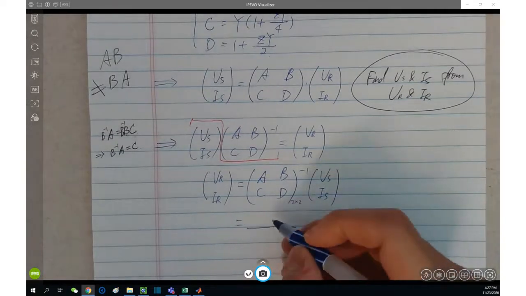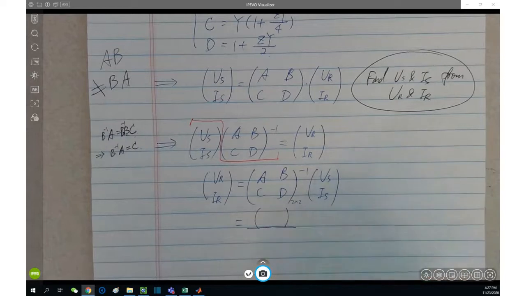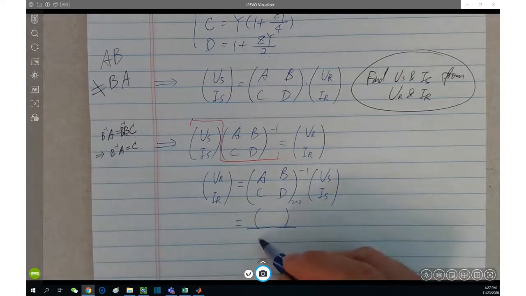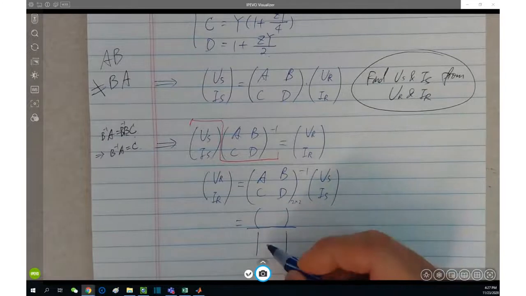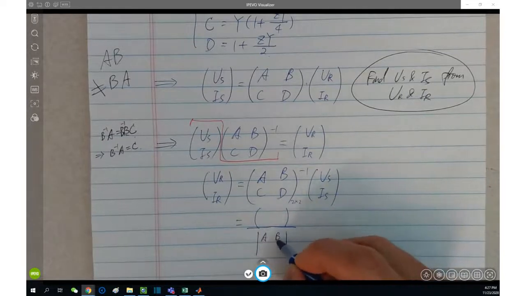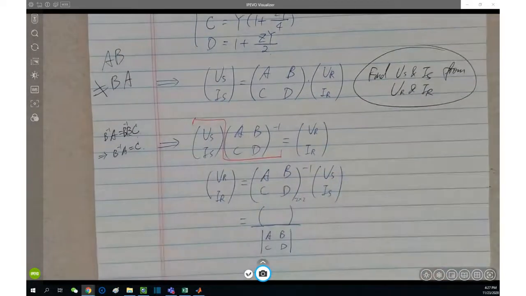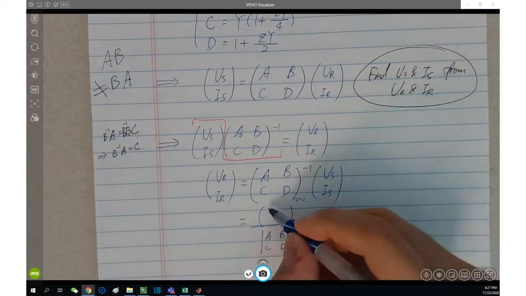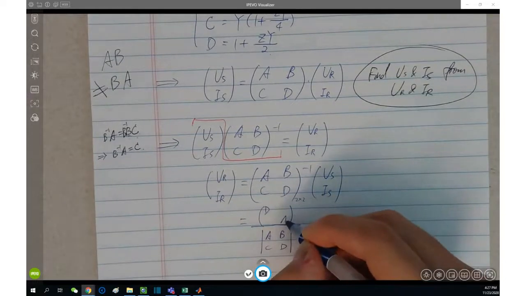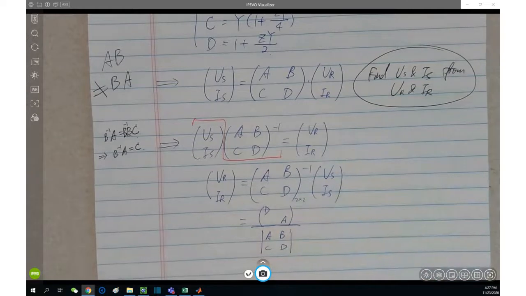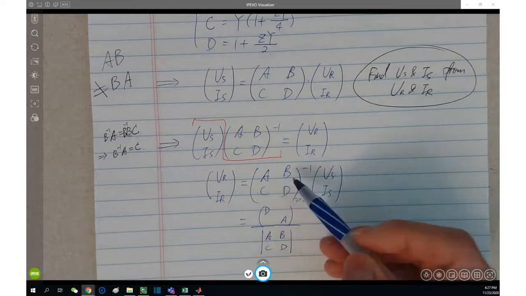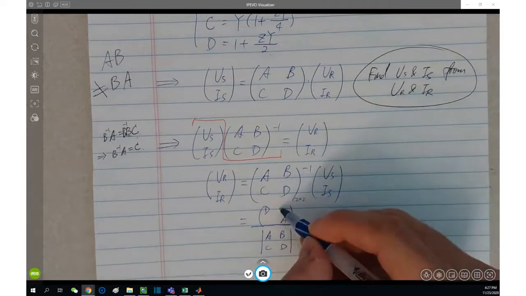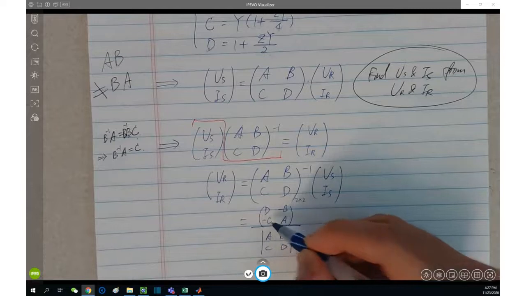It's a 2 by 2 matrix divided by a determinant. The determinant in the denominator is just for the original matrix A, B, C, D. And in the numerator, what we do here is swap the main diagonal two entries, and keep the position of the off-diagonal two entries, however, give them a negative sign, right?